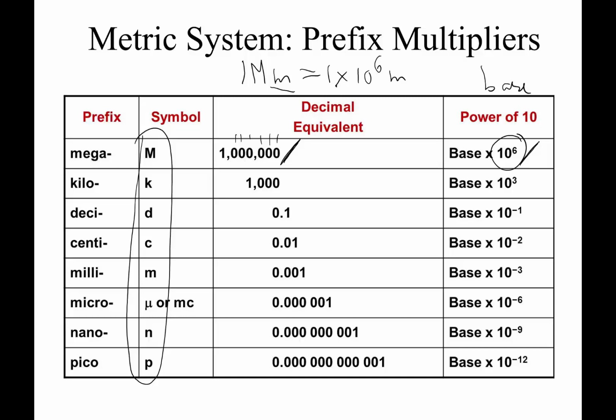You multiply this times the base unit. So 1 megameter equals 10 to the 6 meters. 1 kilometer equals 10 to the 3 meters. 1 micro, which is what that little Greek sign is, 1 micrometer is 1/1,000,000th times the base unit, right? 10 to the minus 6 is 1 over 1,000,000. So 1 micrometer is equal to 10 to the minus 6 meters times the base unit.